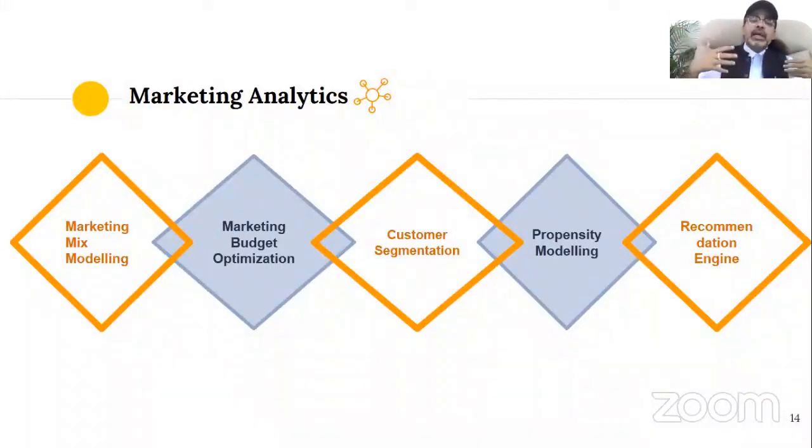Again, it just goes a step beyond customer segmentation. Because once we segment the customers, it's not that each of the customers in a segment has equal probability to purchase, right? That varies. That probability to purchase varies even within a segment. So we precisely figure out the exact probability of purchase for each of the customers.